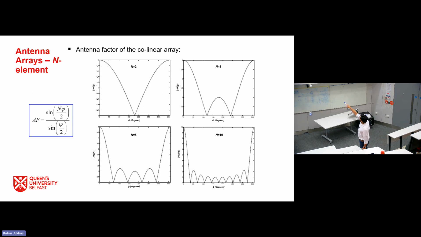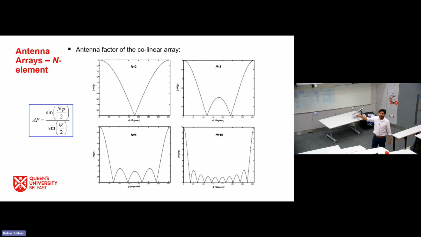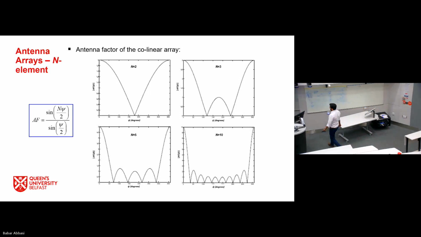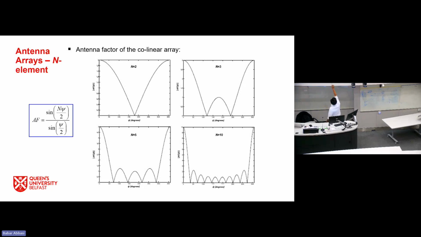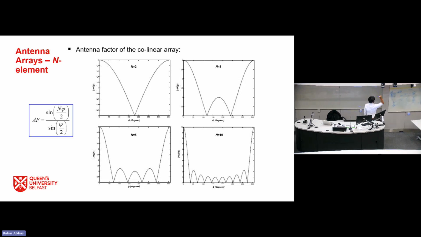But if I increase n from 2 to 3, then I will have thrice the power, but the area which I'm going to capture using this phi is getting less. So for n equal to 5, the maximum here is 5, but I'm getting multiple nulls.